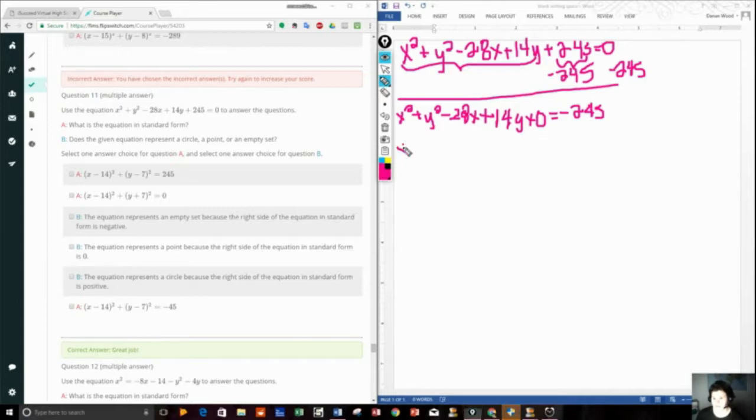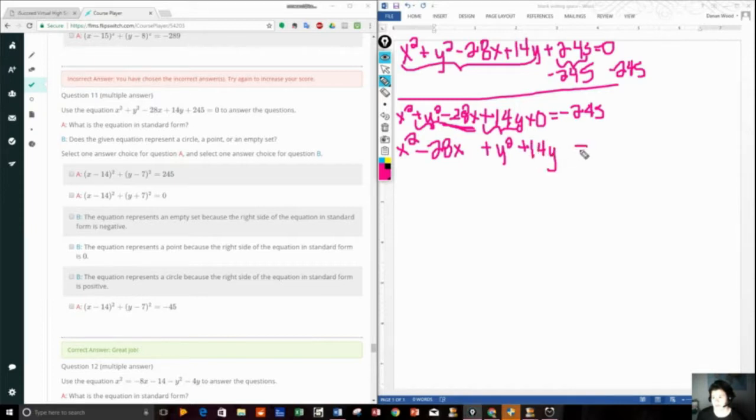So we're going to have x squared. And I'm going to rearrange these right now. I want my x's next all together. So I'm going to move minus 28x, plus y squared. I just picked it up and moved it, including the sign, and then plus 14y.